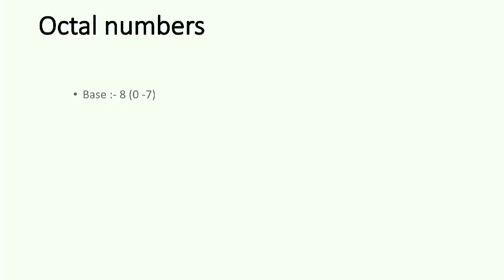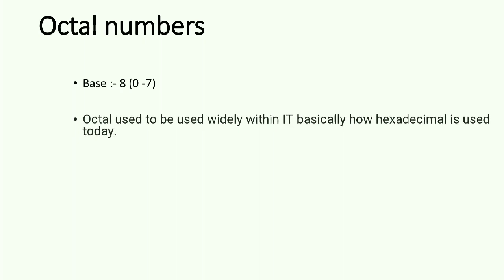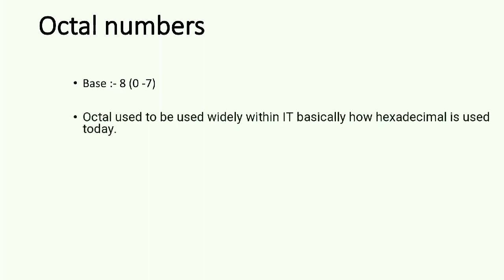So first, the base of octal numbers is 8. That is, it starts from 0 to 7. That is 8 digits. That's why we call it as base 8. Then it was widely used in IT industry as hexadecimal is used today. Now you must be wondering, why don't we use it now?